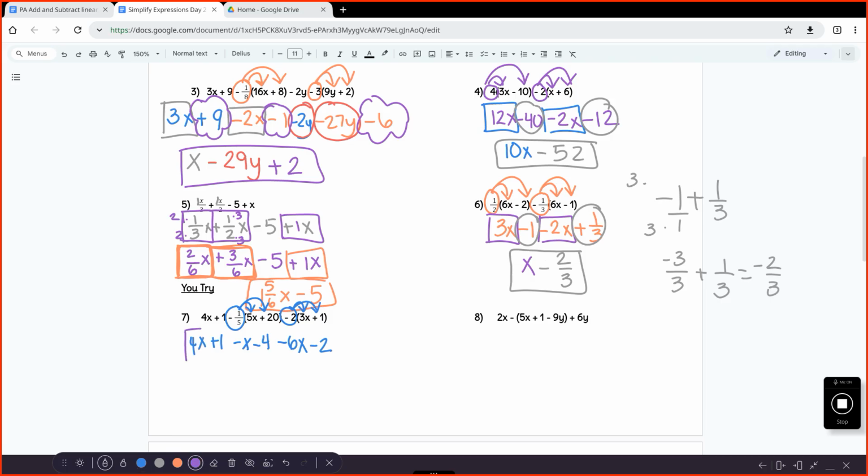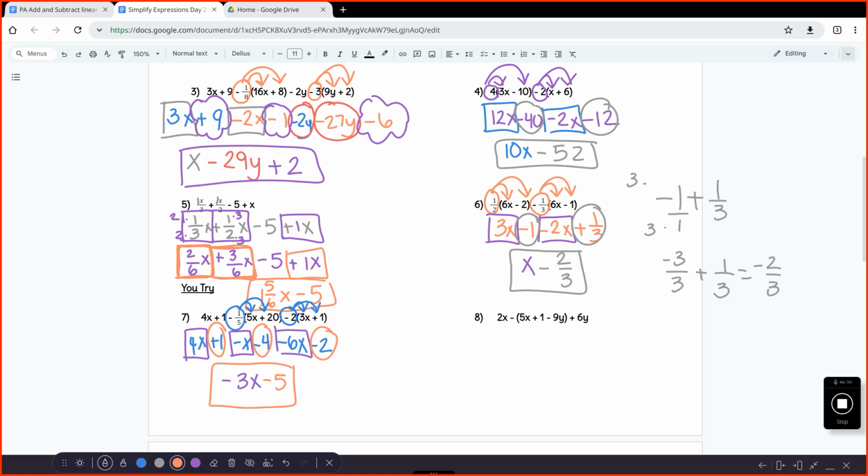Okay, next we are going to combine 4x minus x minus 6x. All right, well, 4x minus x gets you 3x. 3x minus 6x gets you negative 3x. And then we are going to combine positive 1 and negative 4, which is negative 3, plus negative 2 gets you negative 5.